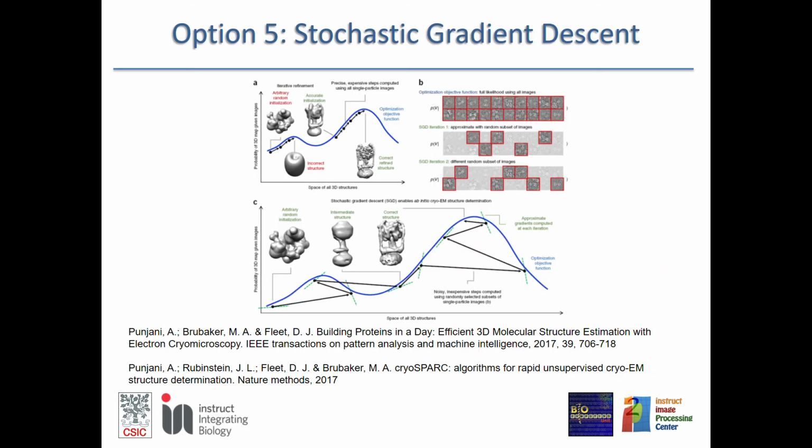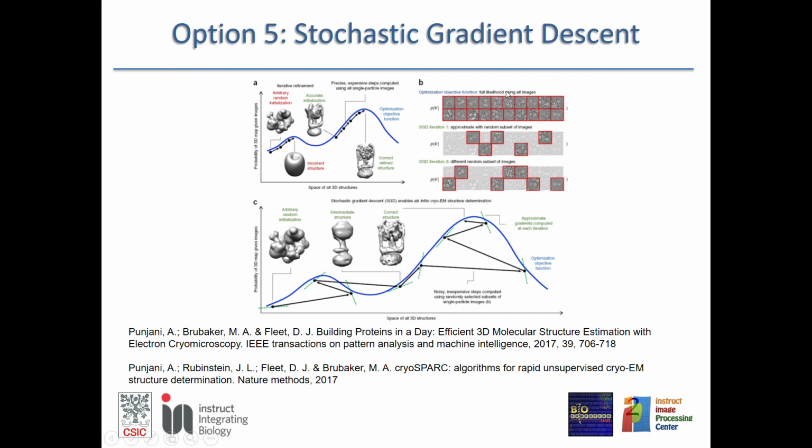And then I would say this is one of the most successful approaches, this stochastic gradient descent. Stochastic gradient descent is a technique that comes from other computational domains, especially from deep learning algorithms. The idea there is that we don't need to work with the full set of images at the same time.